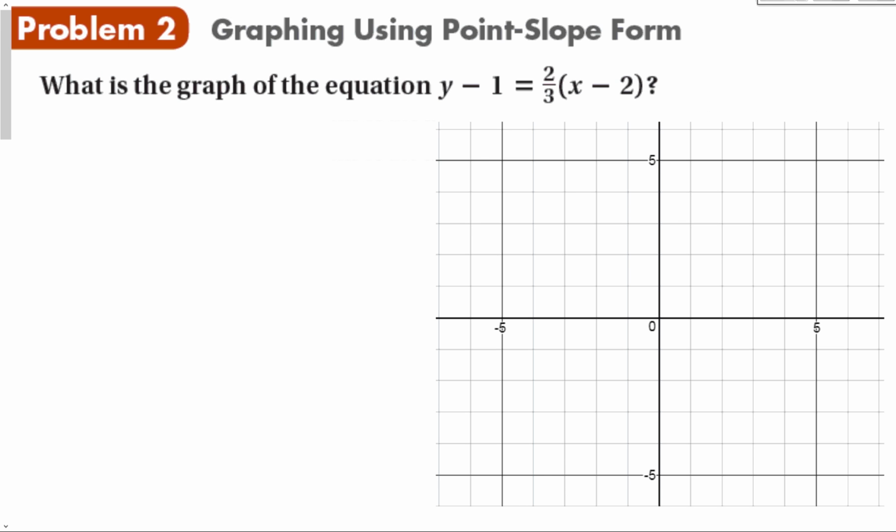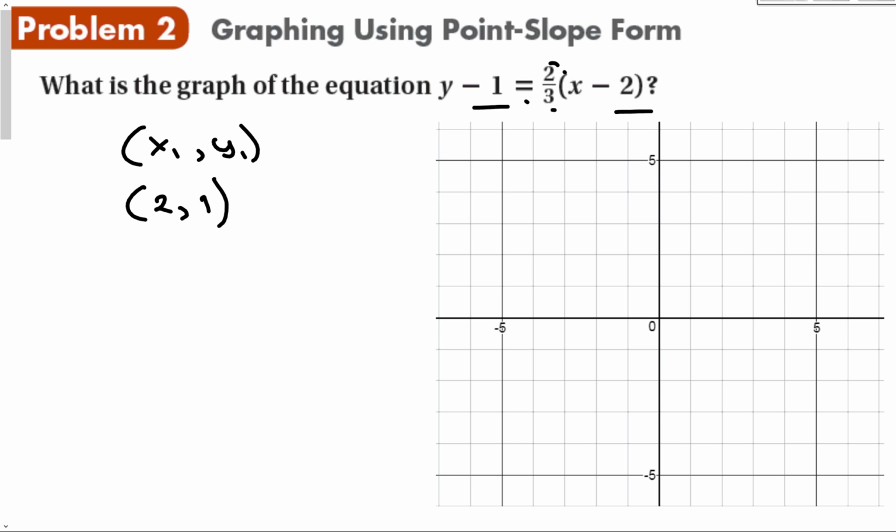So what is the graph of the equation y minus 1 equals 2/3 times x minus 2? Well, I have a point and I have the slope. My point, x1 comma y1, is going to be 2 comma 1. Positive 2 comma 1, because in my equation I have minuses.